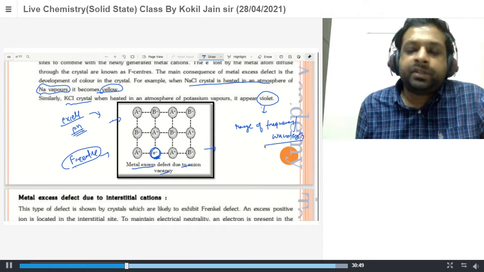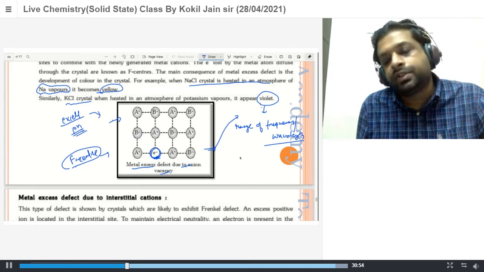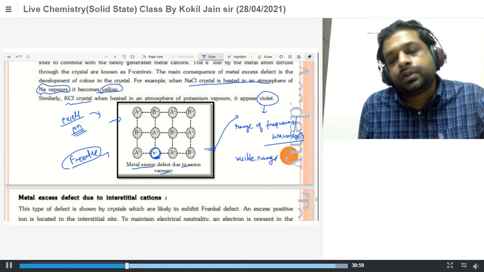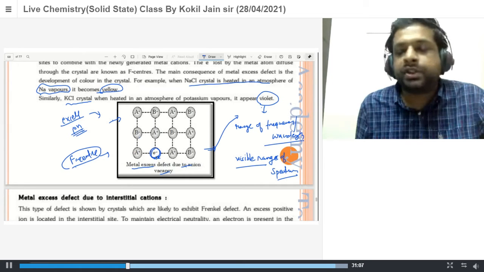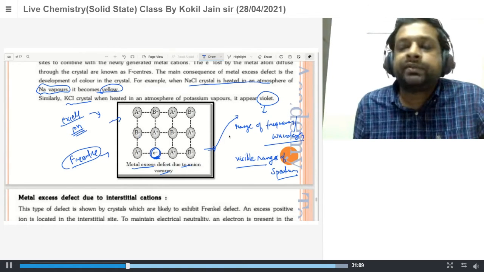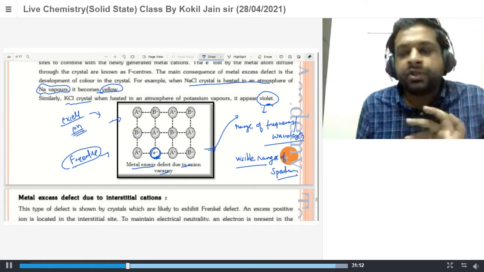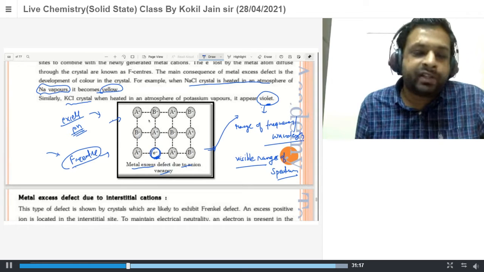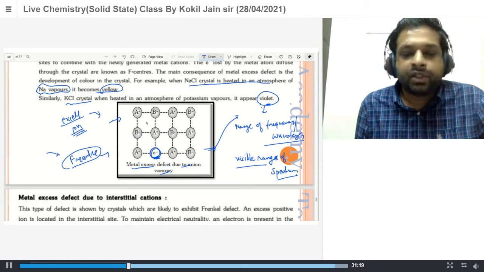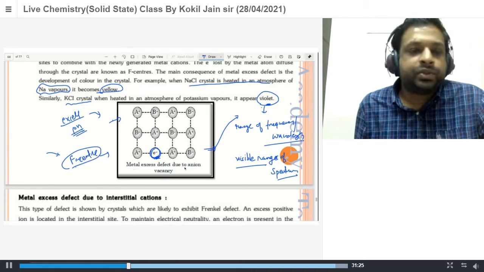That will depend upon that range only, violet, yellow, in the visible range of the spectrum. What kind of excitation is happening here will show us what kind of color comes. That is not in our purview. Simply, you should remember what happens in the case of this type of defect, metal excess defect due to anion. This is what you need to know.